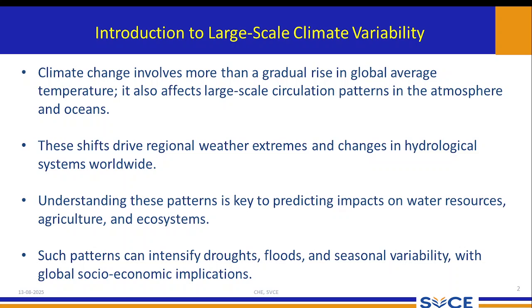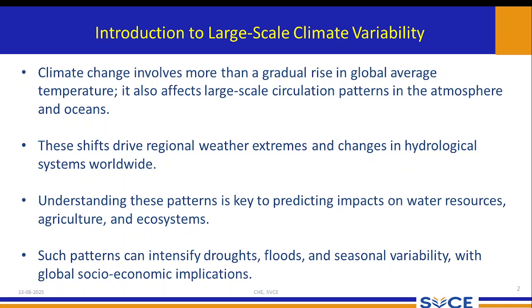All right. Understanding this pattern is key to predicting the impact on water resources, agriculture, and ecosystems. So if it is flooded, how to go about it, and if it is drought, how to go about it. Impact on water resources, agriculture, as well as the ecosystem, including how marine life is getting affected.